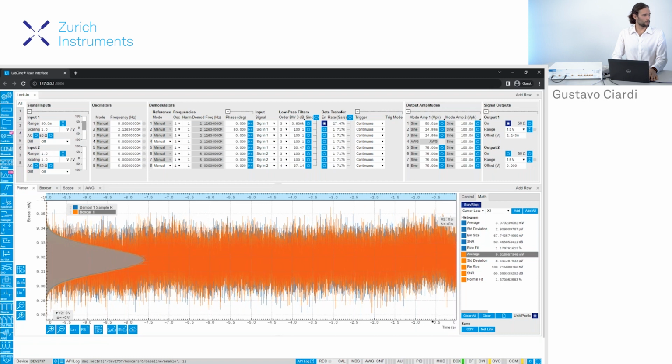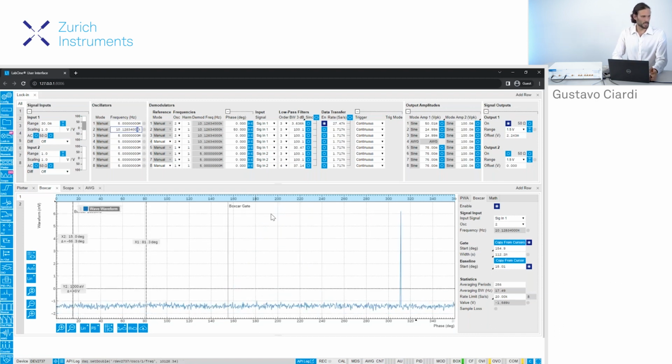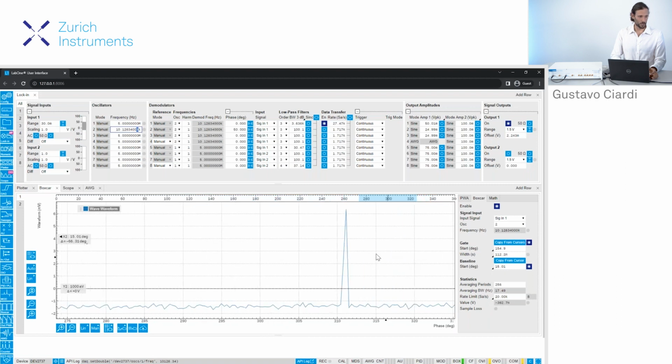Now, to see how changing the duty cycle of my signal changes the measurement result, we can reduce the repetition rate drastically to, for example, around 10 kilohertz. As you can see already, the width of the pulse itself has not changed, but the width with respect to its period has become much smaller.